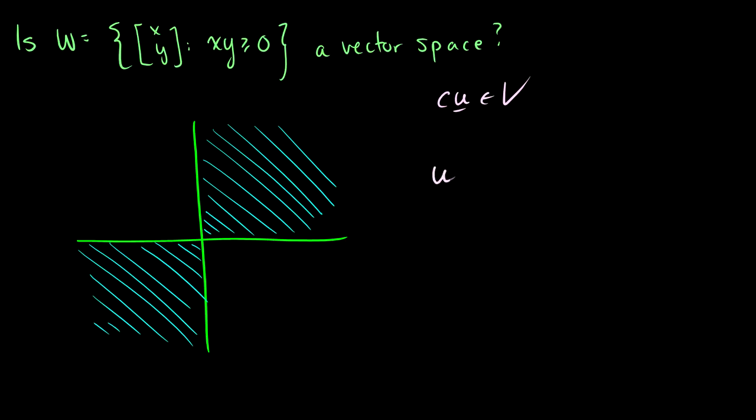Instead, we should probably find two vectors when added together that aren't going to be in our vector space. So we can draw this out and we can kind of see. So visualizing these things is a pretty good tip, especially at the beginner level.